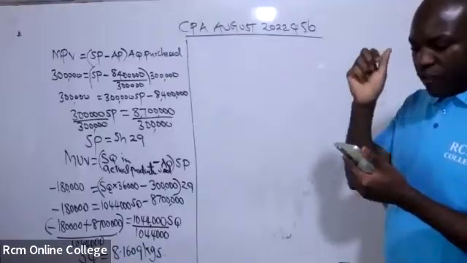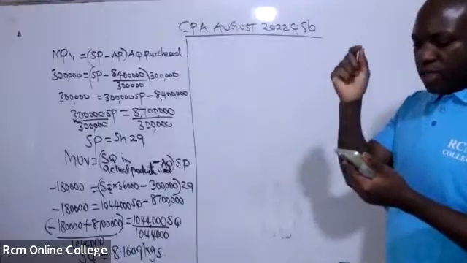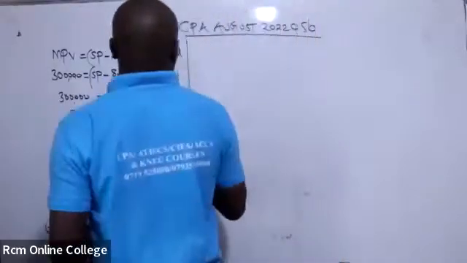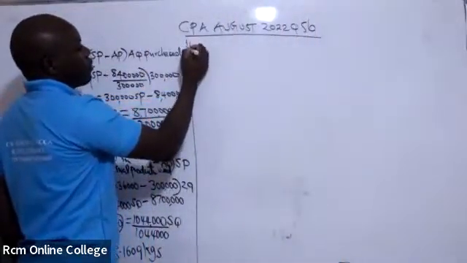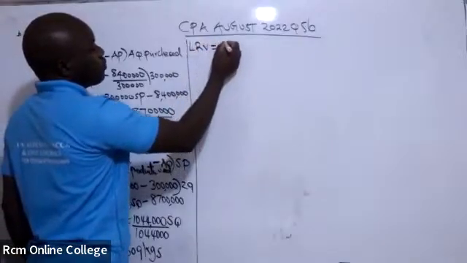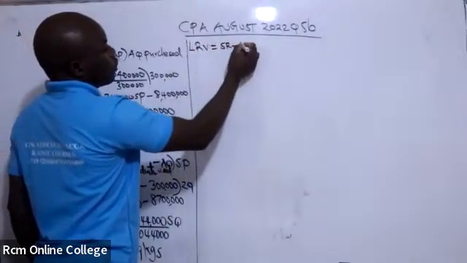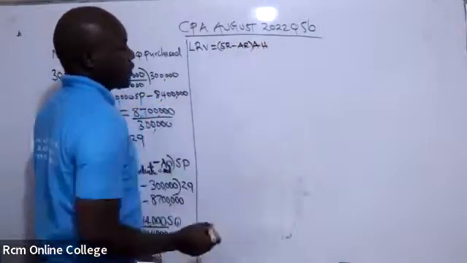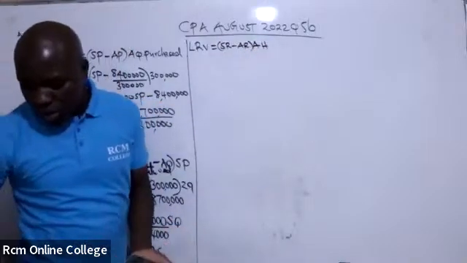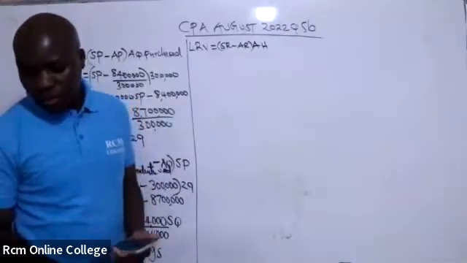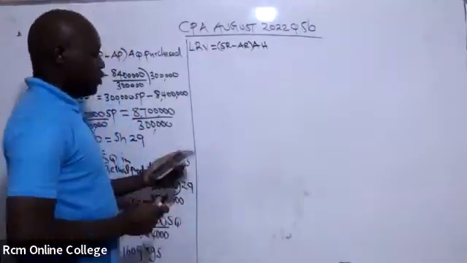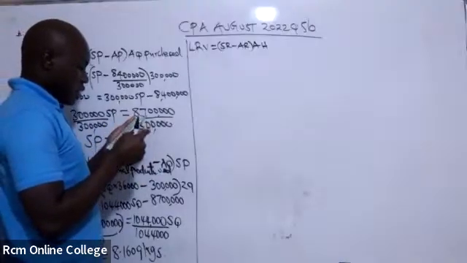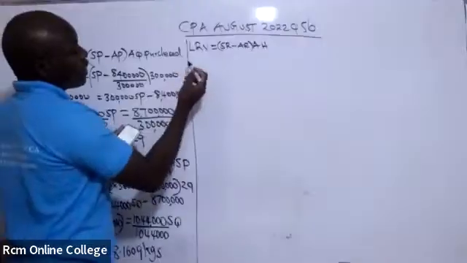Under labor, we have direct labor rate and direct labor efficiency variance. So let's go to labor rate. Labor rate variance is equal to standard rate minus actual labor rate, multiplied by actual hours. Now, do we have the labor rate variance? Yes, it is 160,000 adverse.